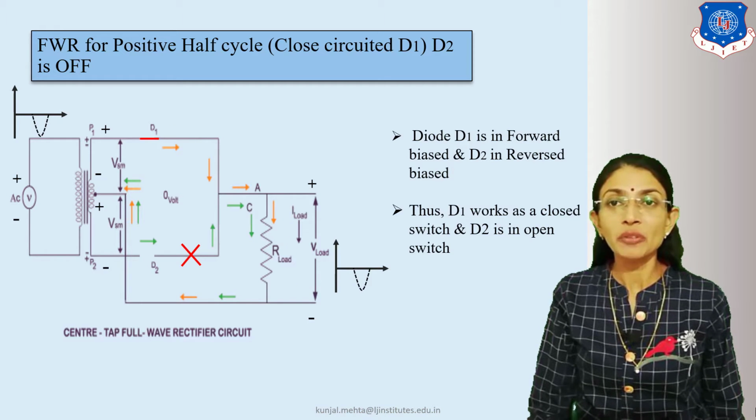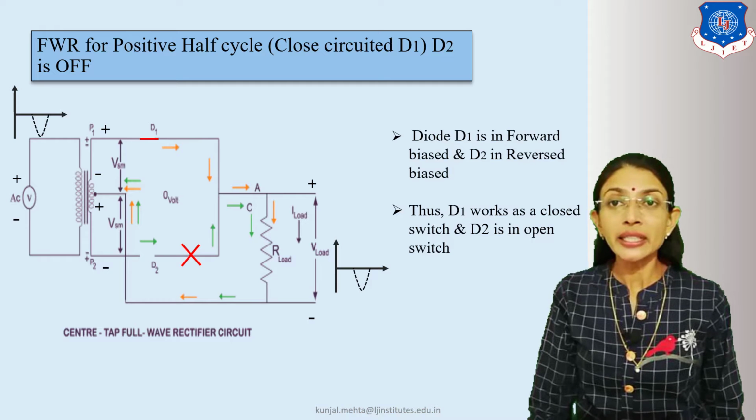When the positive input half cycle is applied, P1 and P2 are the two terminals of the secondary of the transformer, top and bottom. P1 becomes positive and P2 becomes negative.